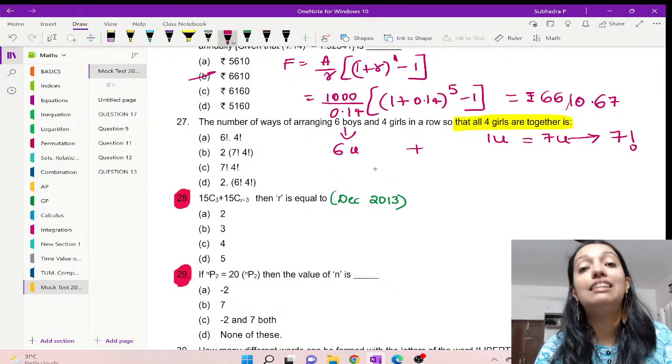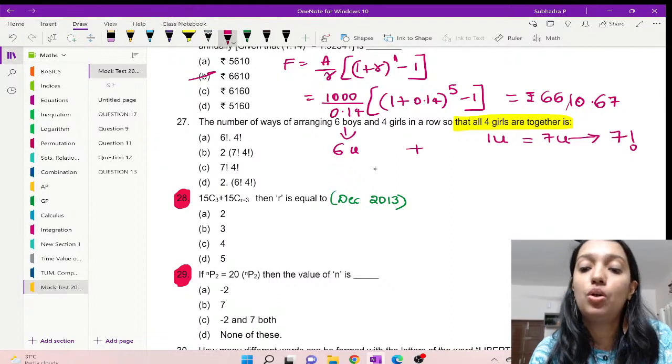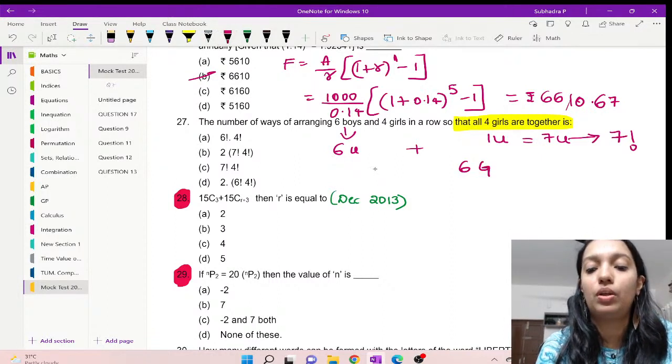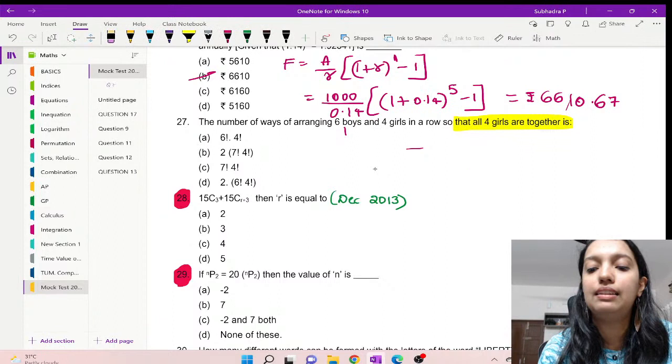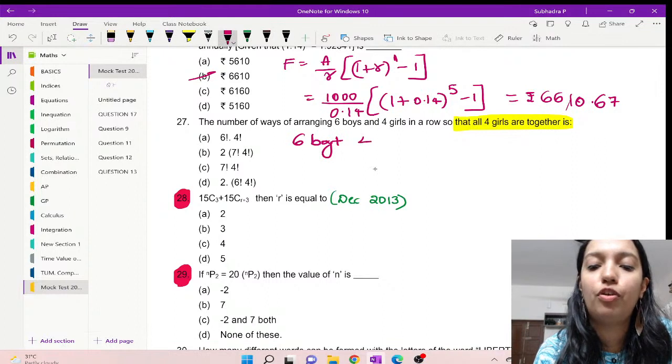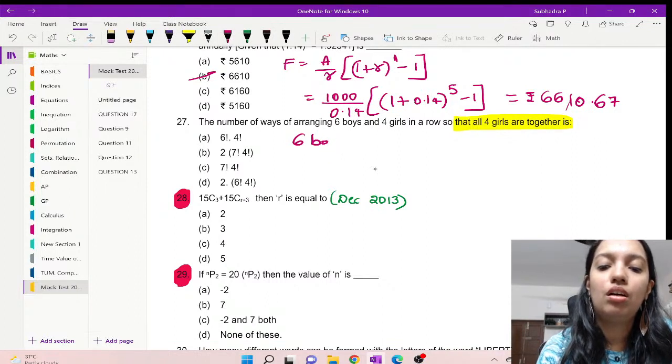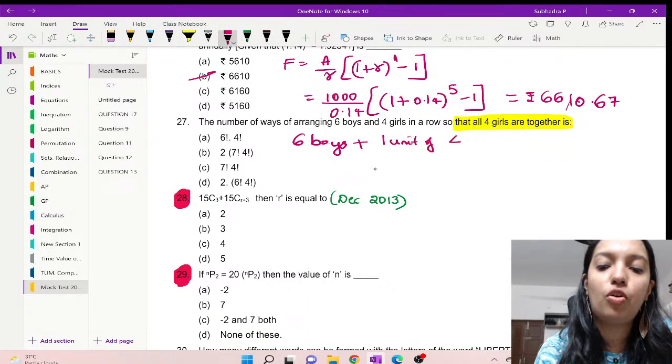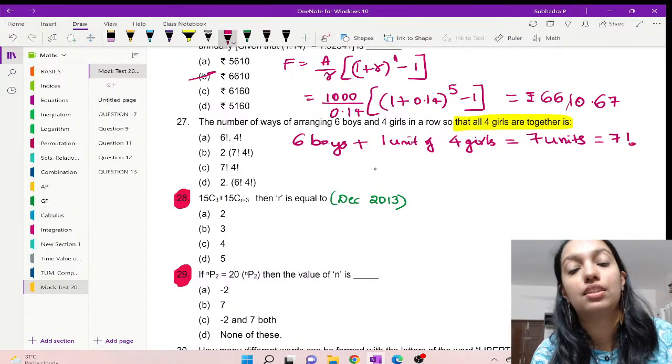But the girls have to be together. Okay, let me write a detailed answer here. Now 6 boys plus 1 unit of 4 girls is 7 units, can be arranged in 7 factorial ways.